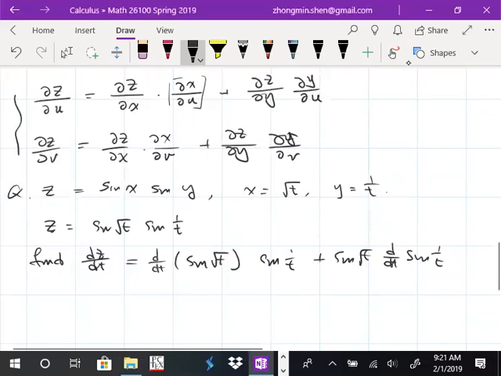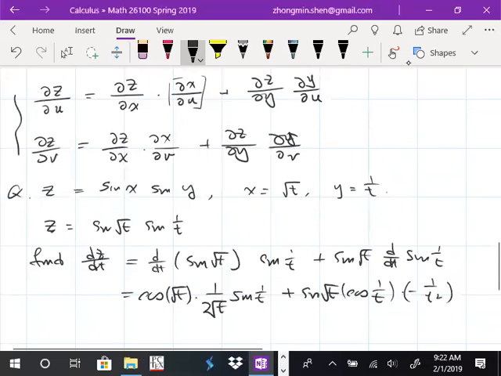Then sine becomes cosine, and don't forget the derivative of square root t. And here sine of square root t, and that's cosine 1 over t, as the derivative of 1 over t is negative 1 over t squared. So this is the answer.